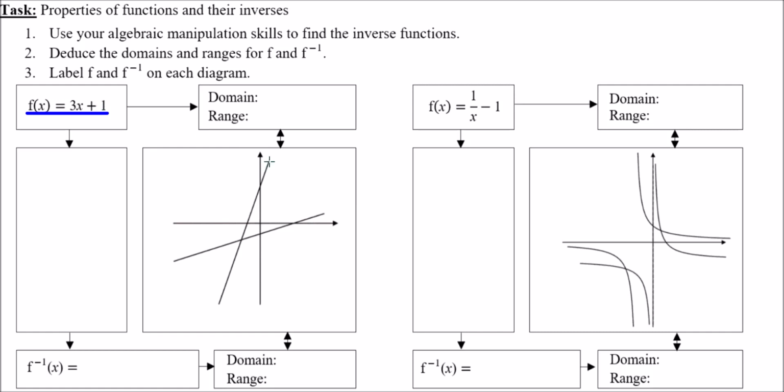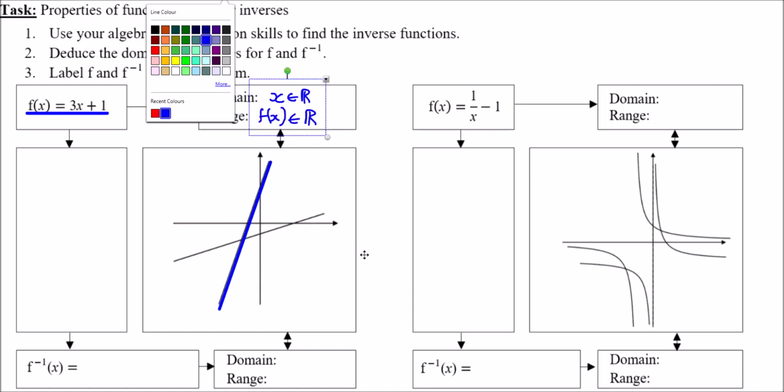It's got to be this one here. So for this one, the domain and the range is simply that x is allowed to be any real number. And the range is also that f of x can be any real number too. In fact, I'll put this in blue so it matches according to colours.